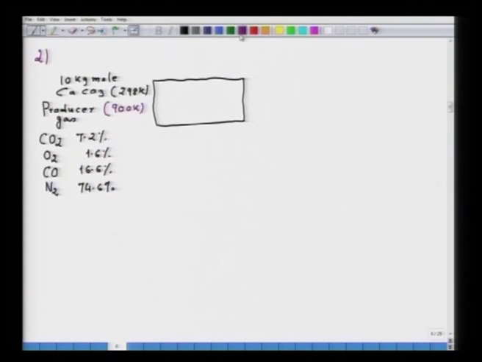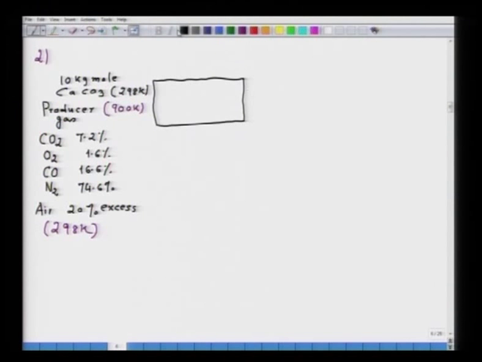Now, the problem says further that air is 20% excess. That means you use 120% theoretical air and the supply temperature of air is 298 Kelvin. That is what is given.